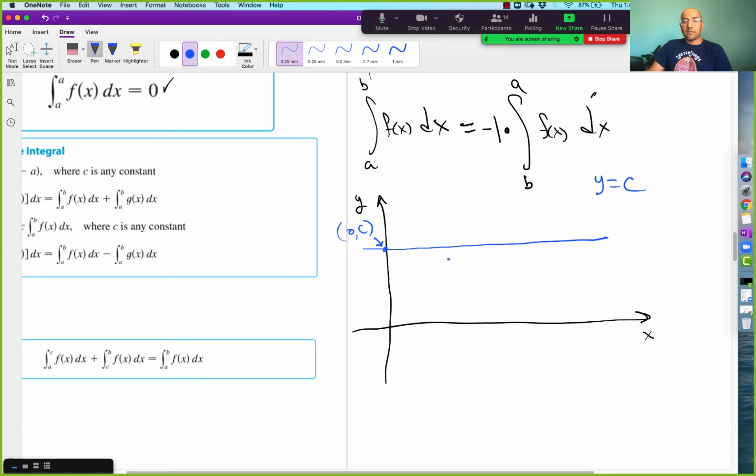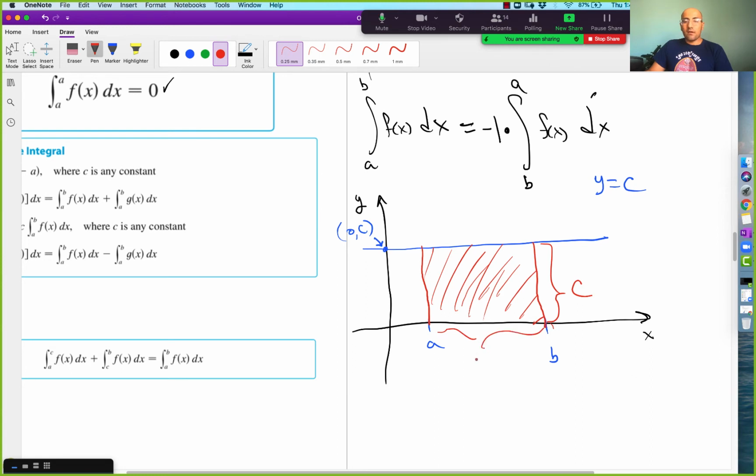Okay, constant c. So if we're integrating from a to b, then the area underneath that curve ends up being a rectangle that has a height of c and a base of b minus a.